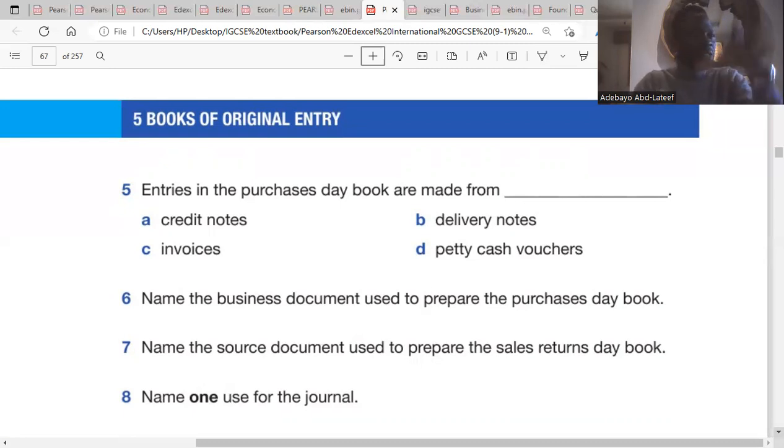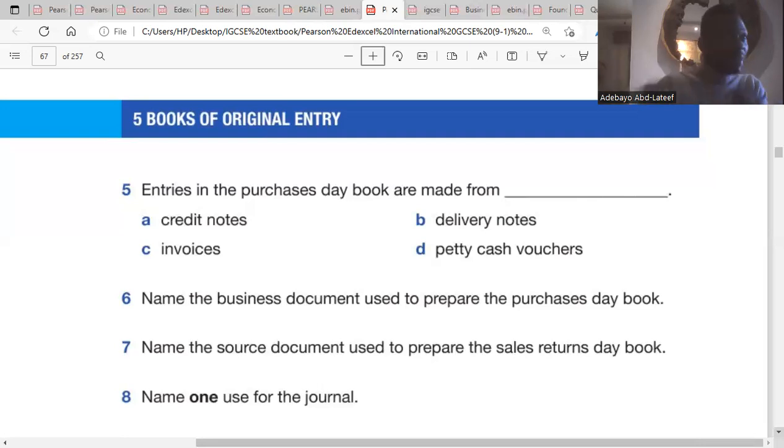This is a document. It's a combination of all items that you've purchased from your supplier. That's the delivery note. It is always given when the products or the goods are to be delivered to your premises. So whatever you bought, the delivery van will bring it.